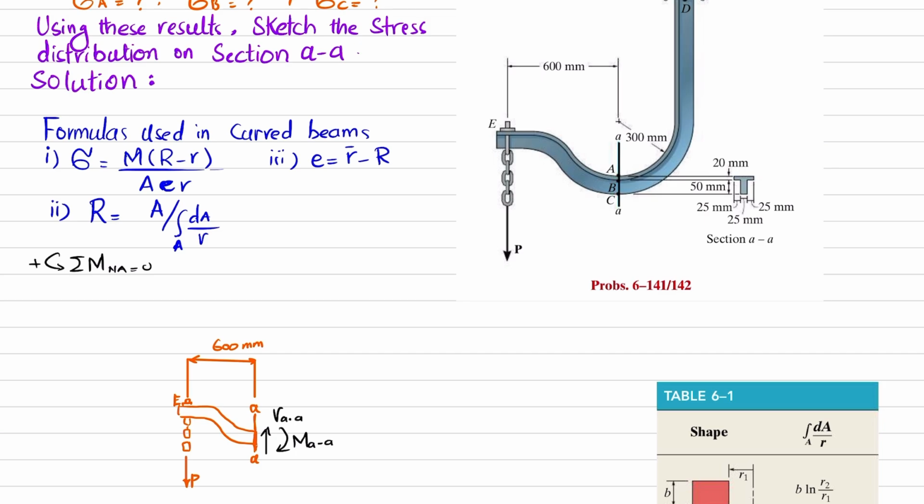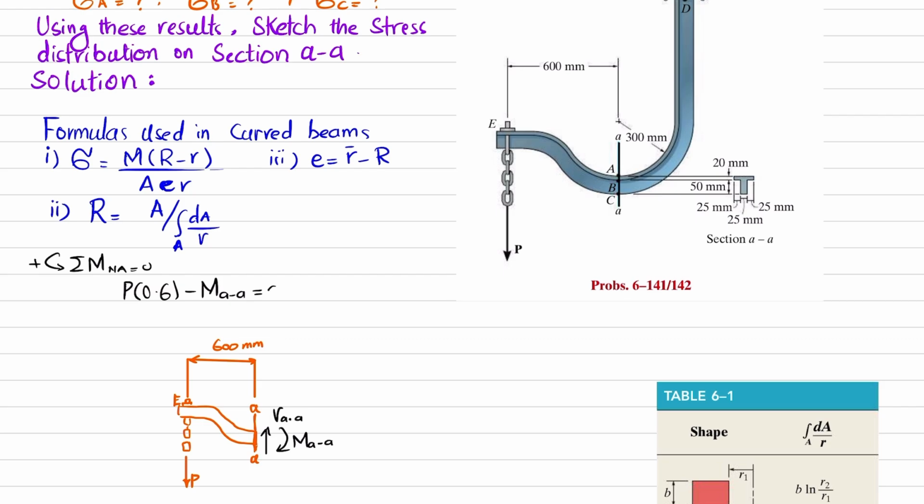You can see the first moment is due to this P load, and the perpendicular distance is this 0.6 meter or 600 millimeter. Clear? That is producing counterclockwise effect, so it will be positive. So I will write P into 0.6. The second moment at this neutral axis will be this moment MAA, that is clockwise, so it will be negative MAA.